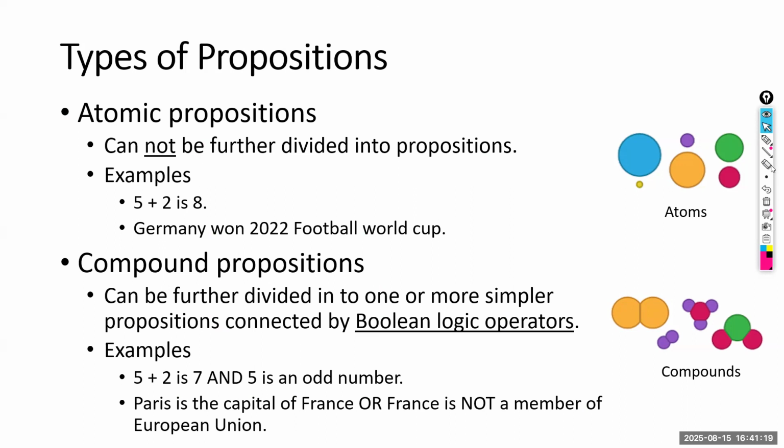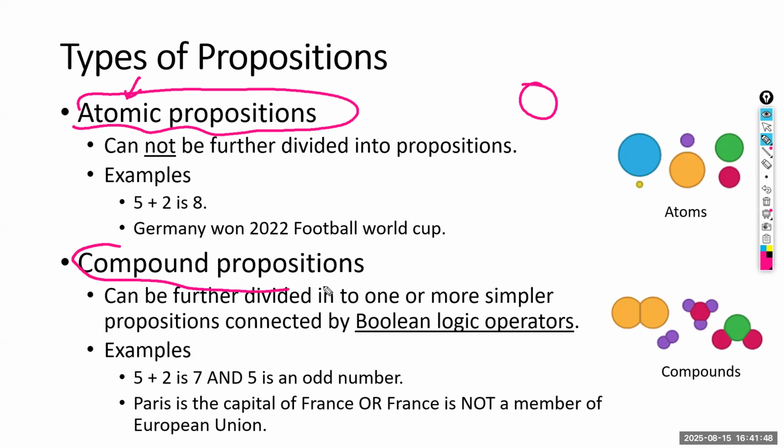Of course, you can break it into electrons and protons, but this is the smallest of that element. You can't find a smaller unit of that element. So then you call it atom. So atomic means you can't break it further. So an atomic proposition means a proposition which you cannot break further. That means you can't break it and say I have two sub propositions. If you can, then it is not an atomic proposition, it's a compound proposition.